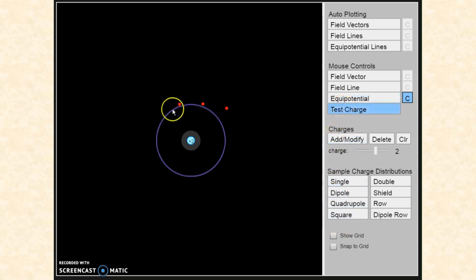So let's create some test charges here. We're going to place them around this single point charge, and you can see that they move radially outwards in time, indicating the radial dependence of the Coulomb force.